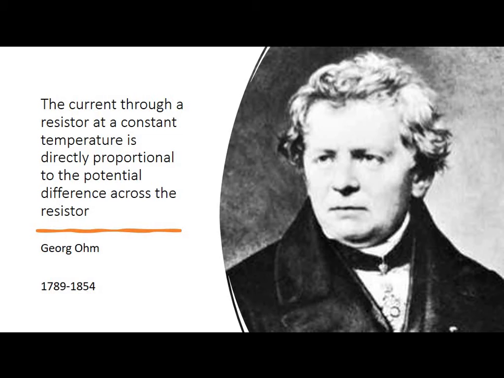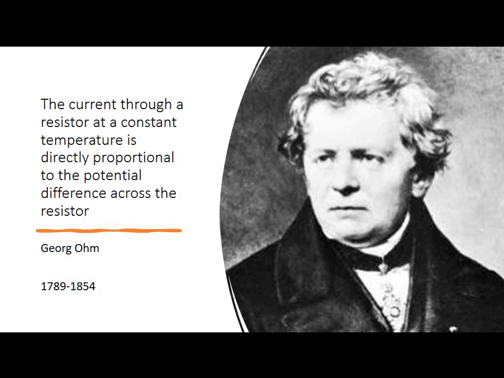He came up with the idea of this relationship between these three factors that we've talked about. He quoted something called his law, which states that the current through a resistor at a constant temperature is directly proportional to the potential difference across the resistor.